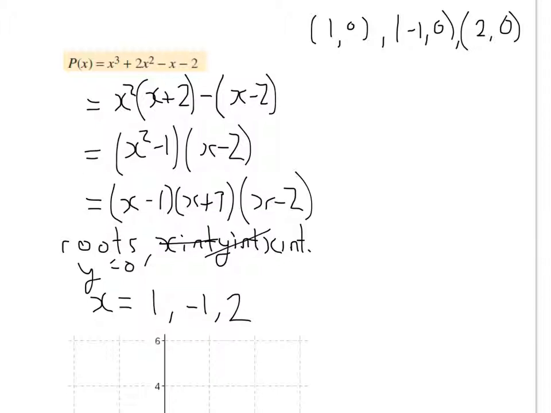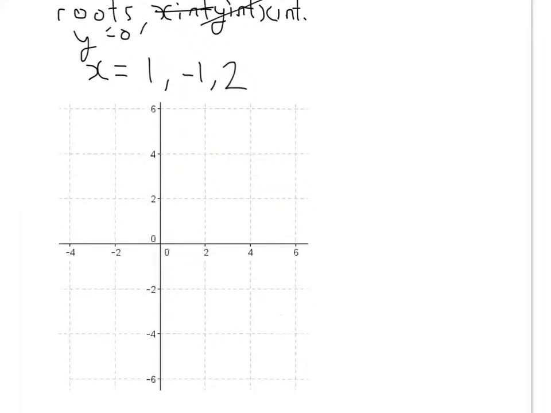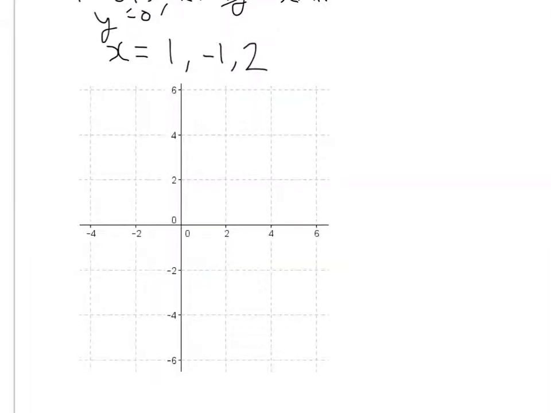Now, it's pretty easy to plot those points, and I'll do them quickly. X is equal to 1, x is equal to 2, x is equal to minus 1. Alrighty, like I said guys, this could have crossed over 3 times, and it does. Now, the question is, does it come down like that, up and down and up again?